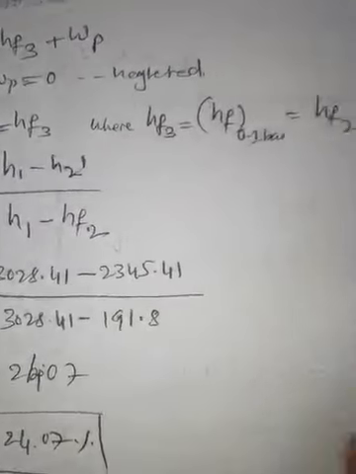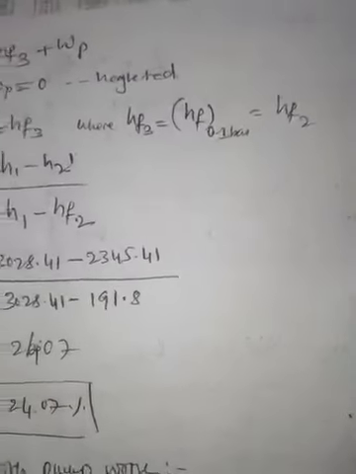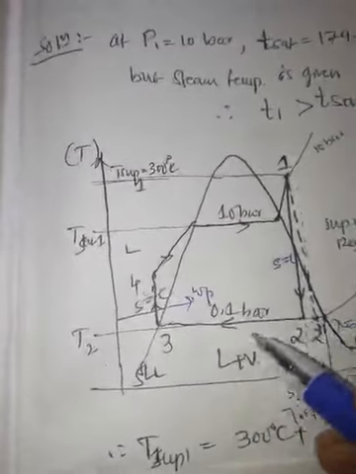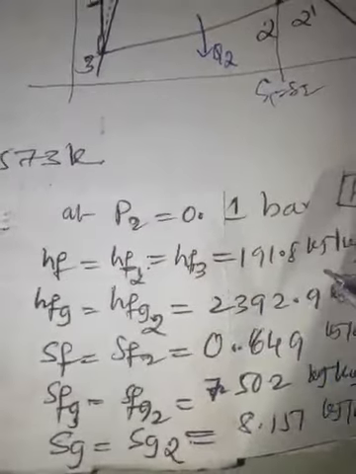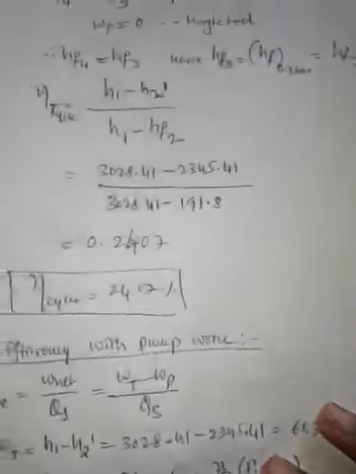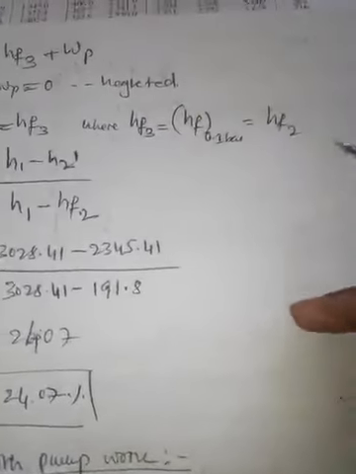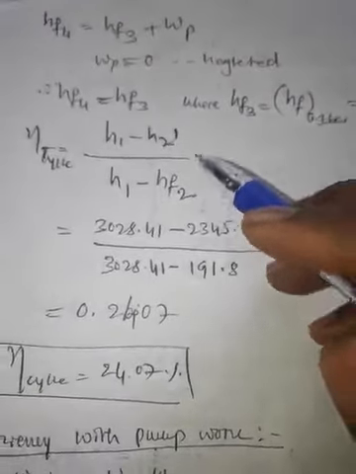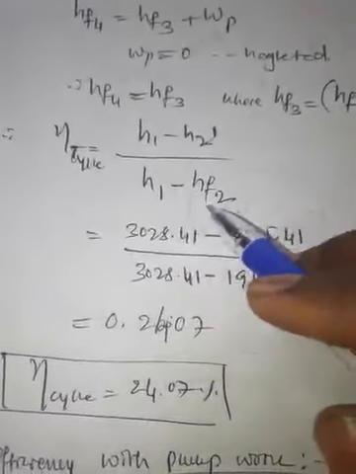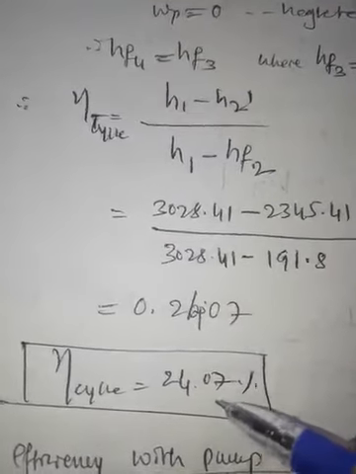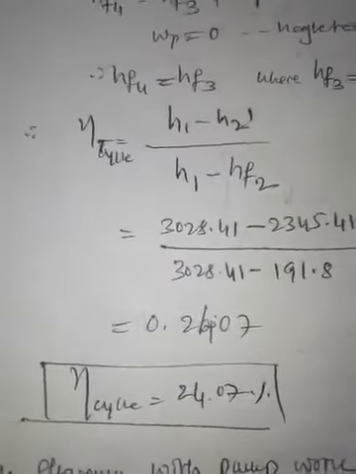HF3 is again HF at 0.1 bar, and at 0.1 bar HF is 191.8 kilojoule per kg. That is HF2, which we have already written. Now we substitute the values in H1 minus H2 dash over H1 minus HF2, and we are able to calculate the efficiency of the cycle as 24.07%. Thank you.